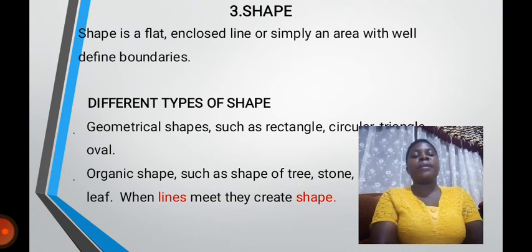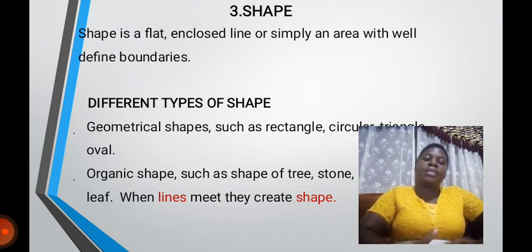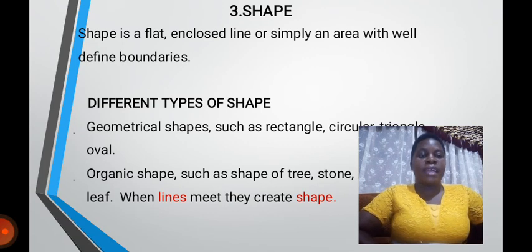Then another element is shape. What is shape? Shape is a flat enclosed line, or simply an area with a well-defined boundary. I told you, when you draw a cup, are you not enclosing lines?